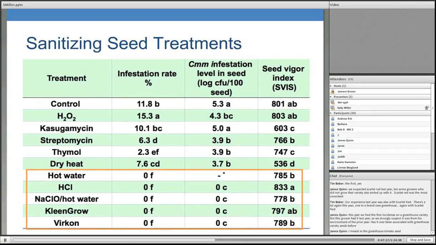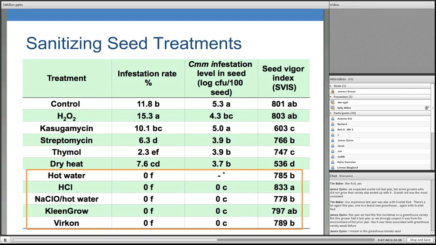These are some lists of some sanitizing seed treatments, and we've been looking at this for a while, and you can see the whole list there on your left. And one of the issues that has come up with using these treatments, besides potentially just the incompatibility with the system of pelleting or priming, is that there has been concern for loss of vigor or reduction in germination.